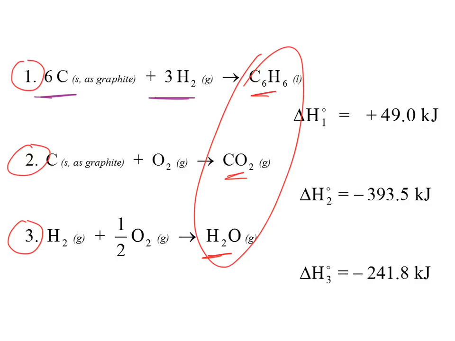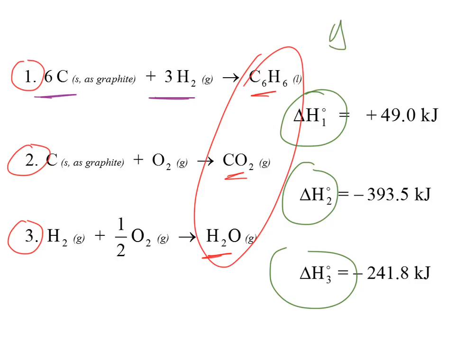That's all we need. So that is actually the buildup of 1 mole of compound from the elements in their standard state, standard conditions. So these guys over here are all standard molar enthalpies of formation.